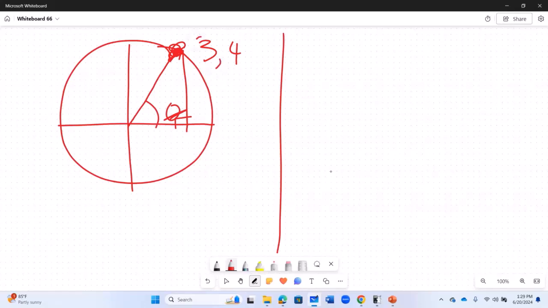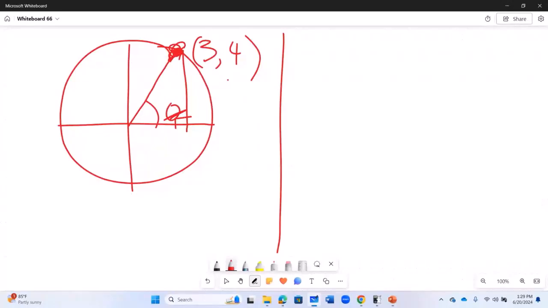It's in the first quadrant, so all the coordinates of the points are positive. I can be told to find the 6 trig ratios of this angle, which I call theta. I don't want to start with the one in the fourth quadrant or the third, so let me start with the one in the first quadrant.